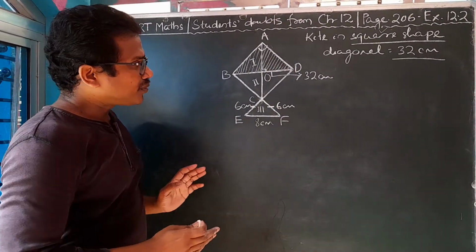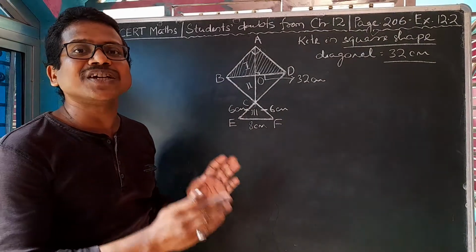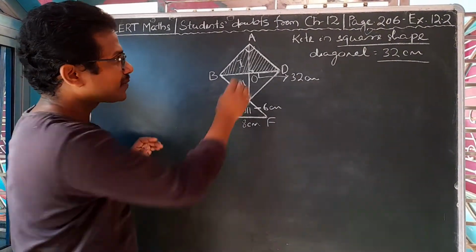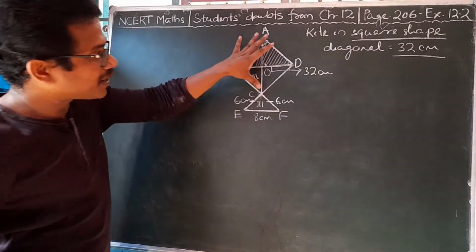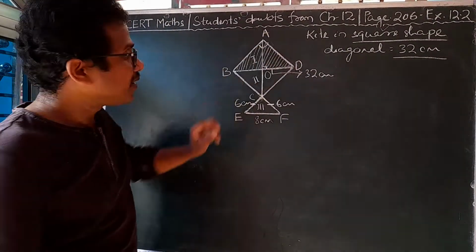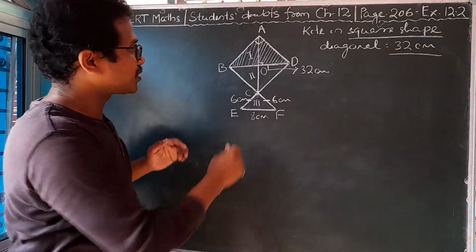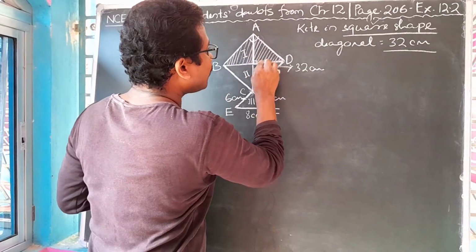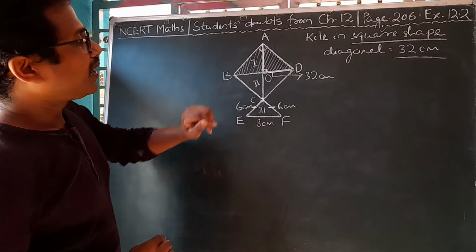And students, you know that the diagonals of a square bisect each other at right angles, isn't it? So triangle AOD is a right angle triangle here.